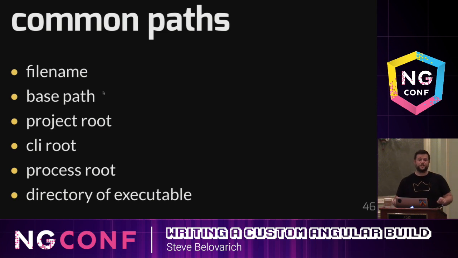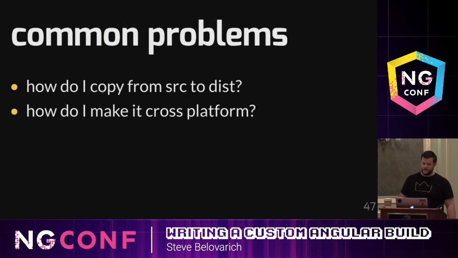We may run ng somewhere in another directory, say in a component directory somewhere in our Angular project. We could code our CLI so that it takes that into account and finds the process root, or from the process root finds the project root. You might also need to know the directory of something that's executing right now.